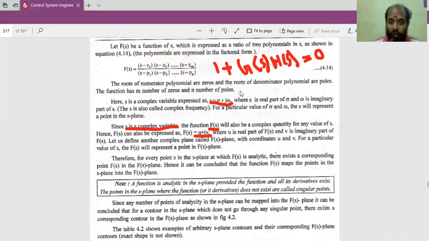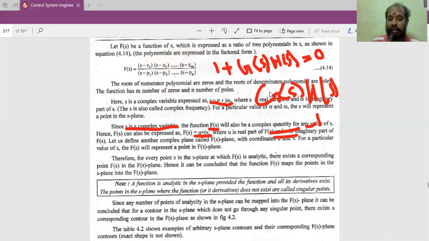So from this equation, I will get G of S H of S is equal to minus 1. This 1 goes to the other side.